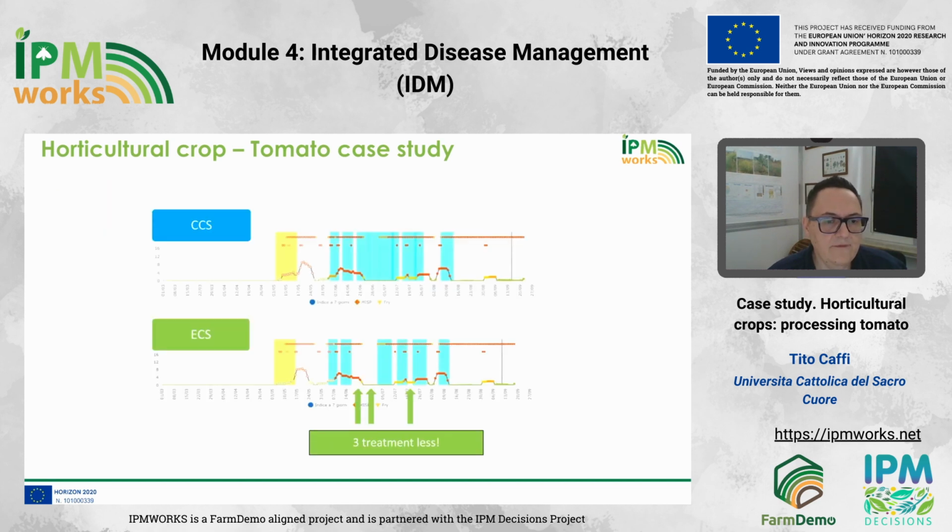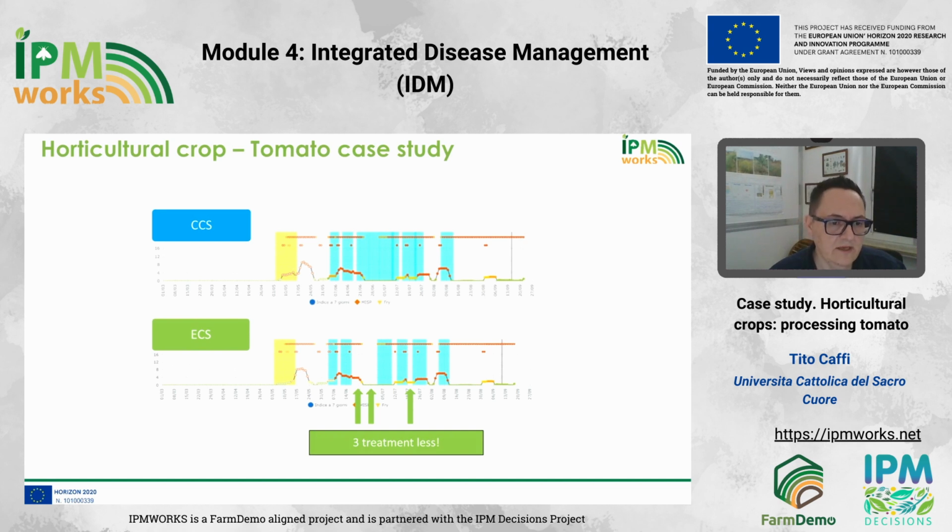And here we have the feedback. This is just one field, one locality in the Emilia-Romagna region. We are showing the same field, let's say. So we have two fields, one close to the other, with the same weather, so the same output of the model, but two different managements. In the first one, you can see the blue area, which is all the treatments applied on a weekly basis by the farmer.